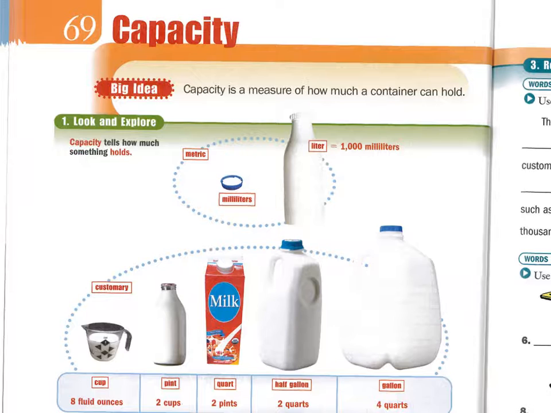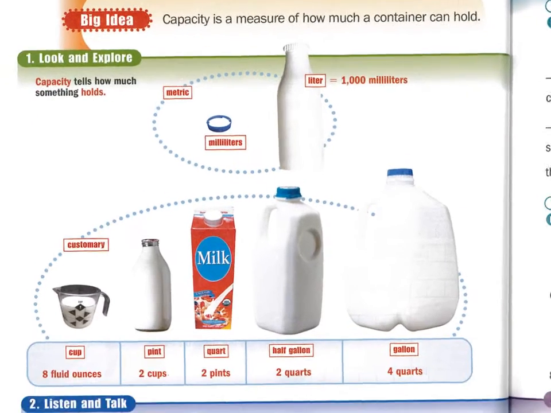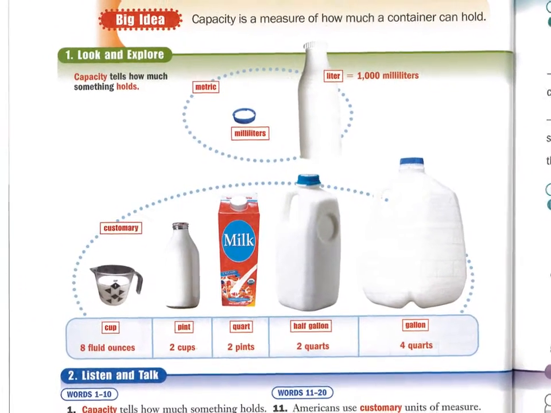The big idea, capacity is a measure of how much a container can hold. Say it with me. Capacity is a measure of how much a container can hold. Capacity. All right, so we have two systems of measurement again.